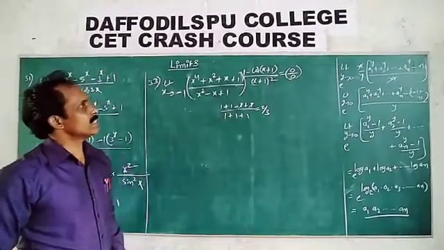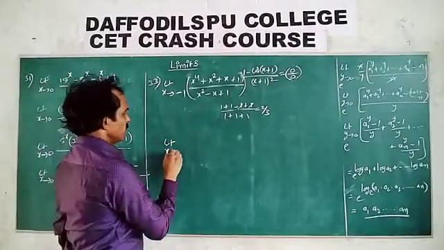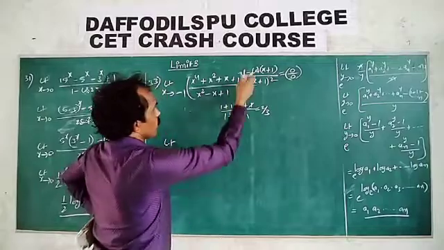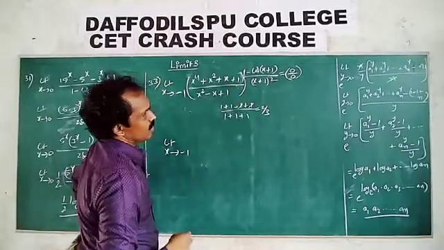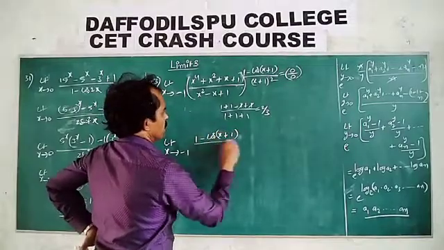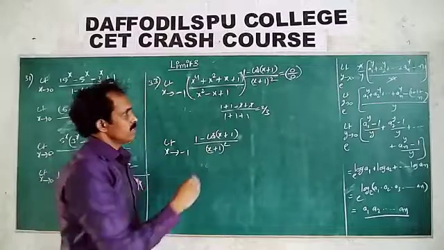So I will take this one separately. Limit x tends to minus 1 of (1 - cos(x + 1)) divided by (x + 1) whole square. Take separately first of all.